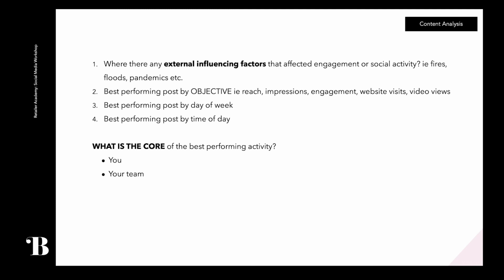Now, that is terrific if my objective is engagement. But a lot of the time, my objective is to reach as many people as I can. So you have to measure what is it that I set out to do and what is the core of what's actually performing.